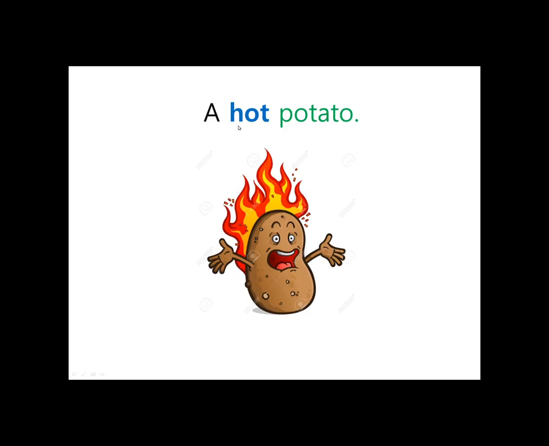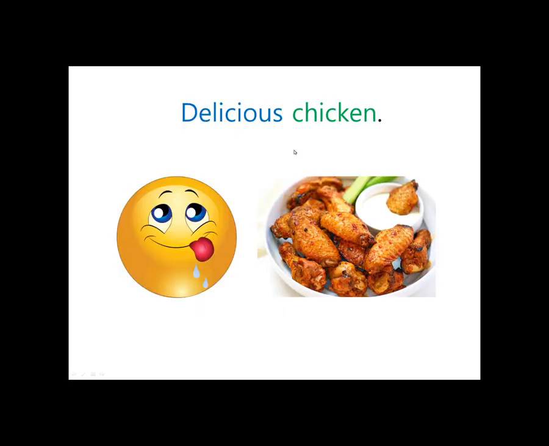And hot is a descriptive word describing the potato. Okay, this one is about chicken. So this is an uncountable noun, chicken. And we describe it with this opinion adjective here, delicious chicken. That looks really delicious.